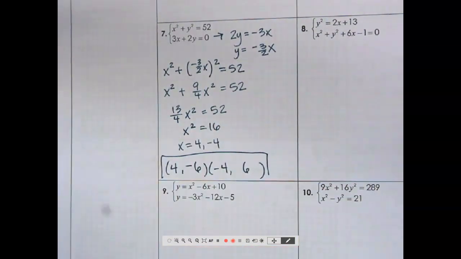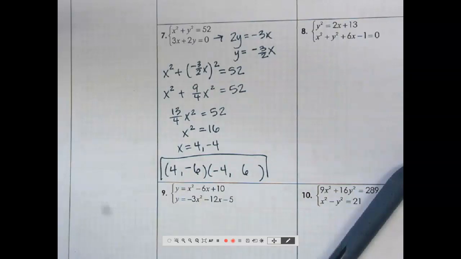So those are my points of intersection. Take a look at that and see if you have any questions. We good? All righty.